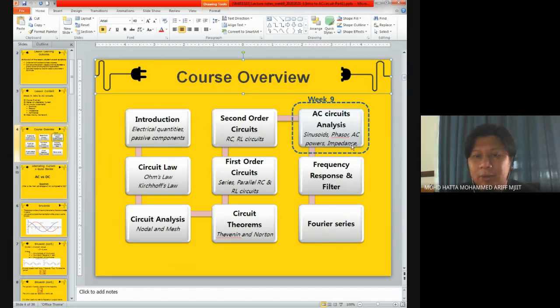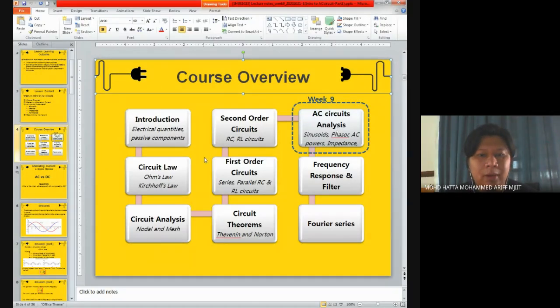That means we're going to talk a lot about AC circuit analysis itself, as well as the power in AC circuits. Previously we had these two topics, which I believe were more challenging compared to what we have now. Now we focus more on AC circuit analysis.